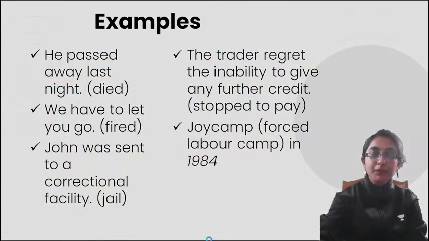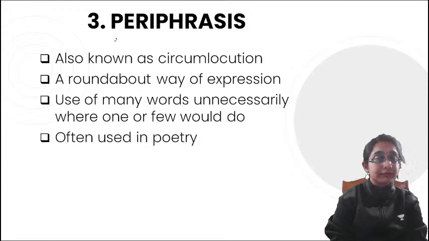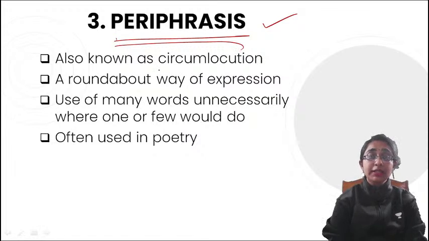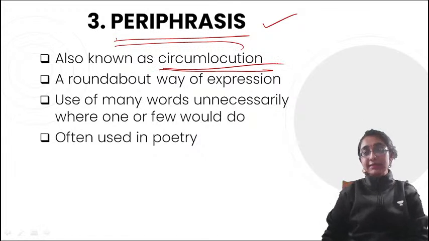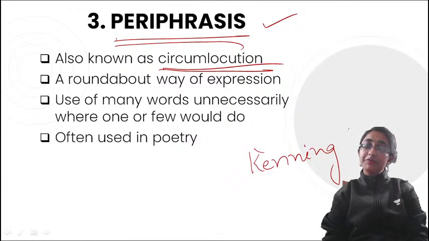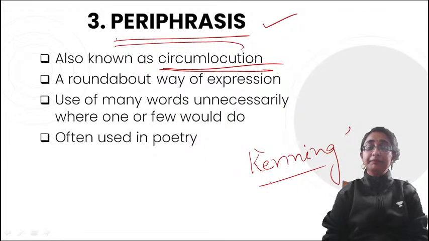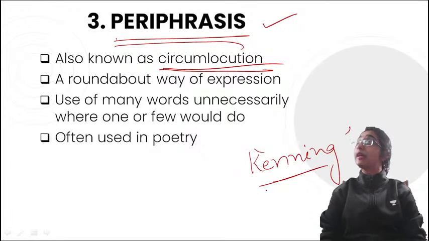Okay. Now, the next important topic, the next important figure of speech is periphrasis, which is also known as circumlocution. Remember in my class on Anglo-Saxon age, I told you about kenning. Remember kenning, a figure of speech, and I said that kenning is actually a type of circumlocution.